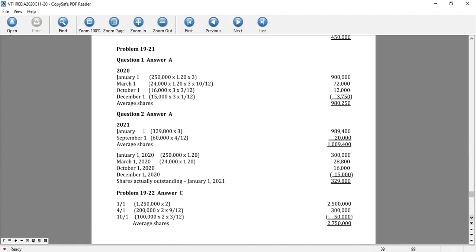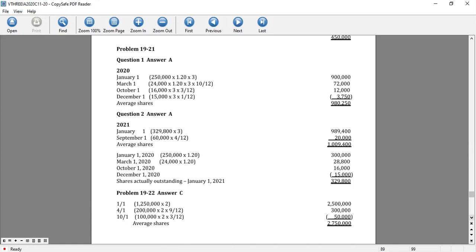But prior to June 1, 2021, if you consider the number of shares, actually the 1.2 share dividend is already there. However, the 3-for-1 split is not yet there. So the actual number of shares at the beginning of 2021 is 329,800, which we multiply by 3 because of the split up that occurred on June 1, 2021.